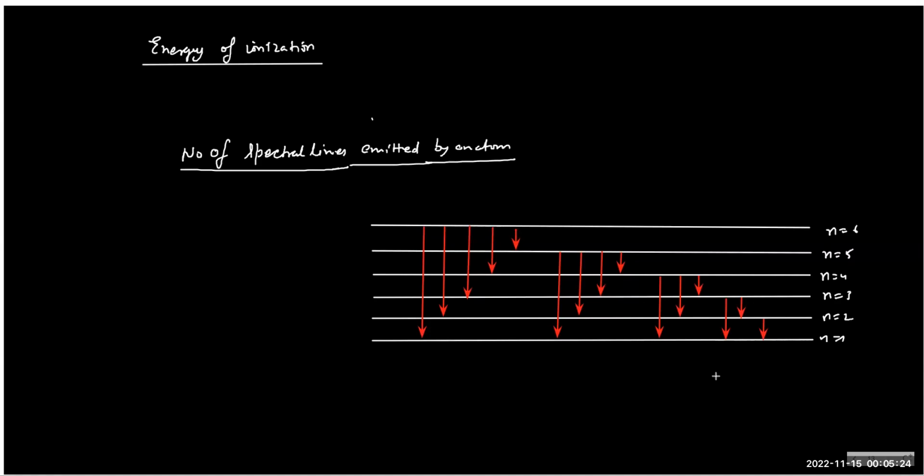Can you count the transitions? How many? 15. So there are 15 transitions, or 15 ways of doing the transition.